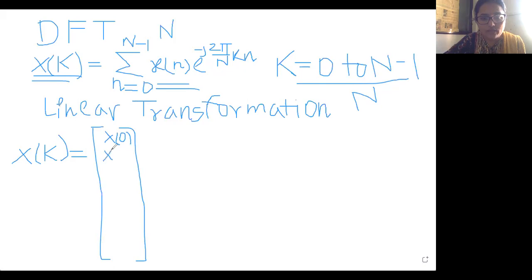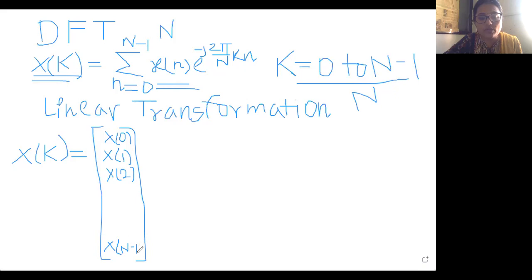Likewise, the second value is 1, so we represent this as X of 1. Then the next value is 2, so this is X of 2. And the last value is n minus 1, so we will represent the last value of the DFT samples as X of n minus 1.